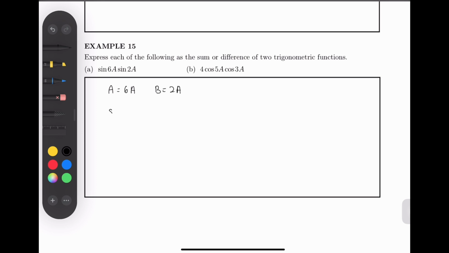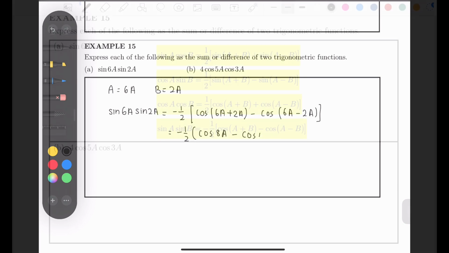So the formula for this one is sine 6A sine 2A equals negative 1 over 2 [cos (A plus B), so that will be 6A plus 2A, minus cos (A minus B), which is 6A minus 2A]. Simplify to get cos 8A minus cos 4A.